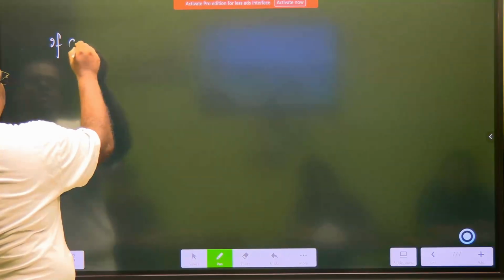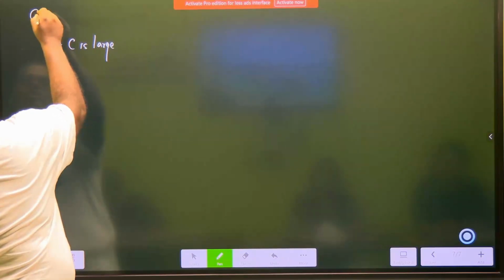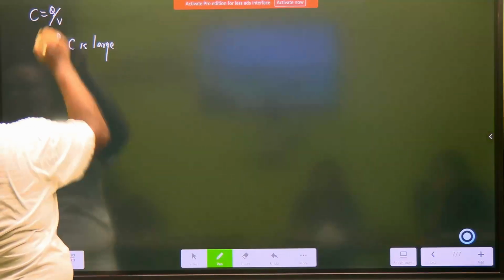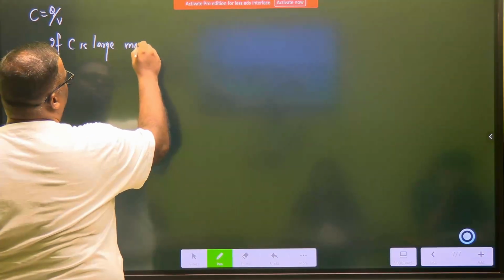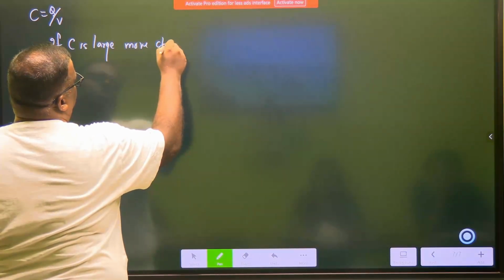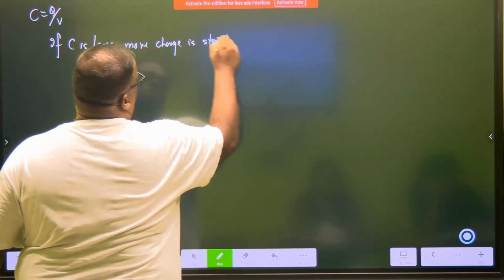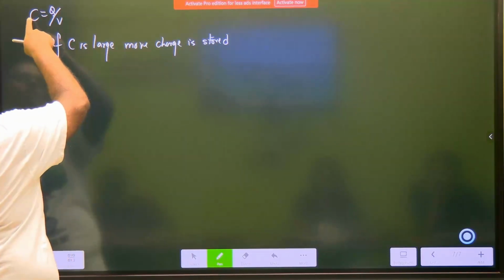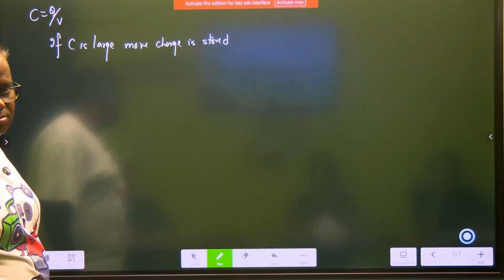If C is large, look at this expression, C is equal to Q upon V. If C is large, more charge is stored, means you are increasing this, and you believe that this has increased, then V should come down.